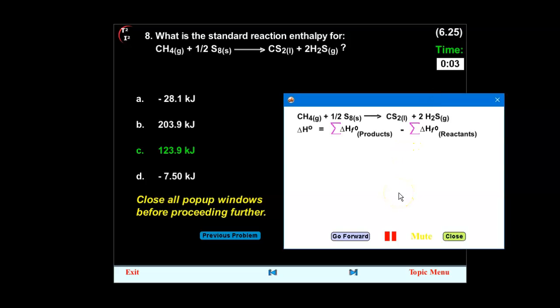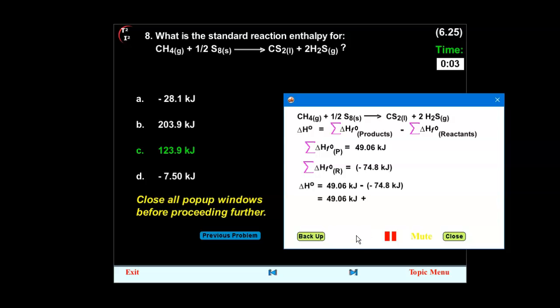Delta H naught equals the sum of the heats of formation of the products minus the sum of the heats of formation of the reactants, plus 2, equals 123.9 kilojoules.